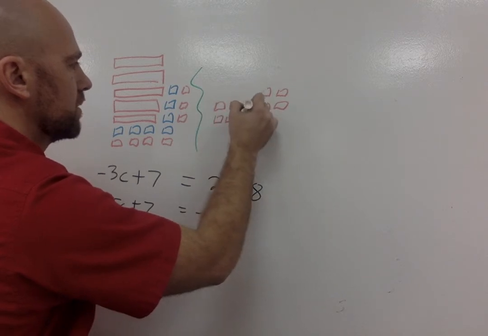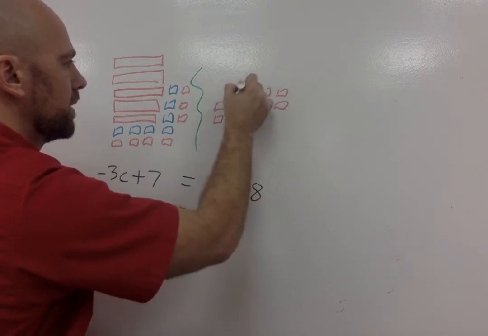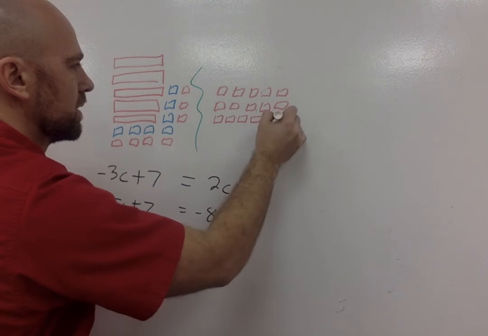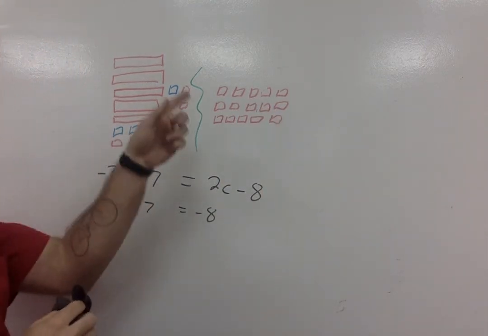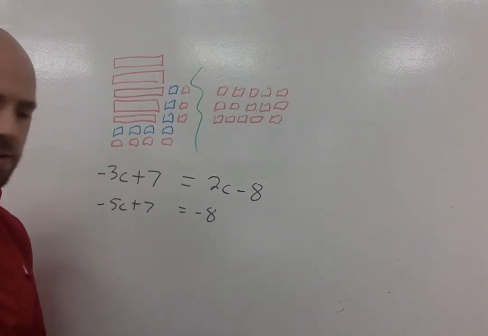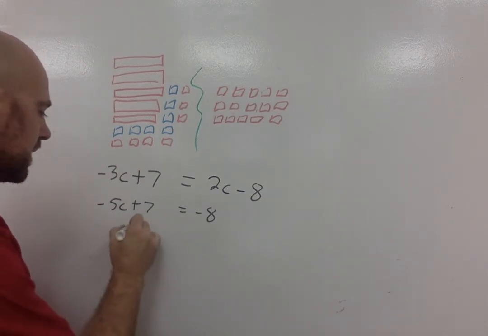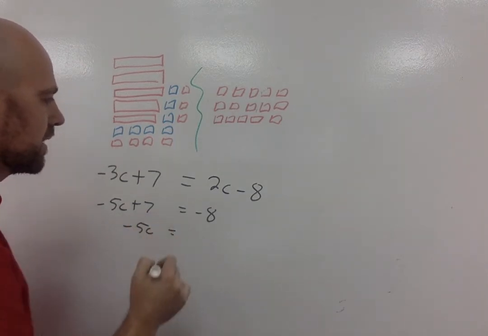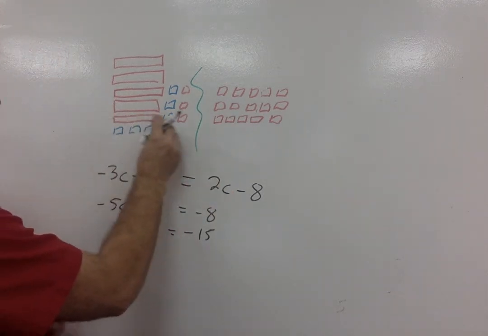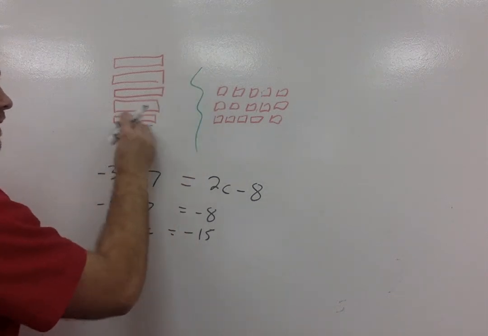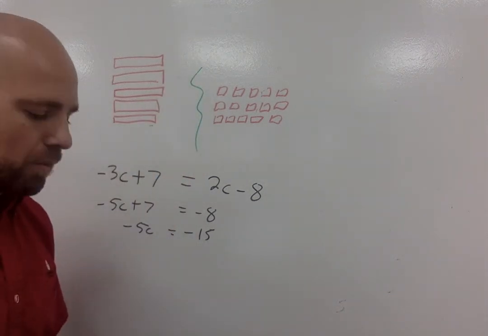All right. So these ones cancel each other out, so they are technically gone. So I'm left with negative 5c equals, now I've got negative 15. So these are gone. Now, what do I have to do?